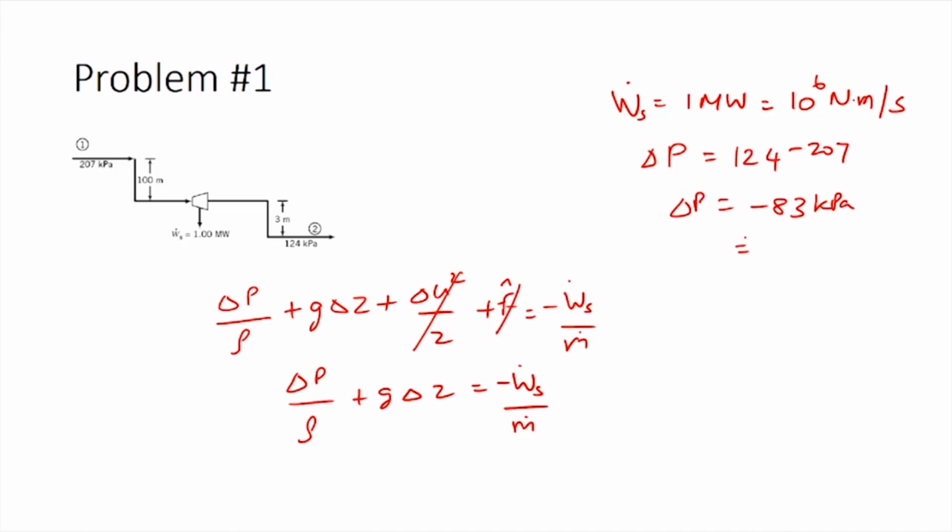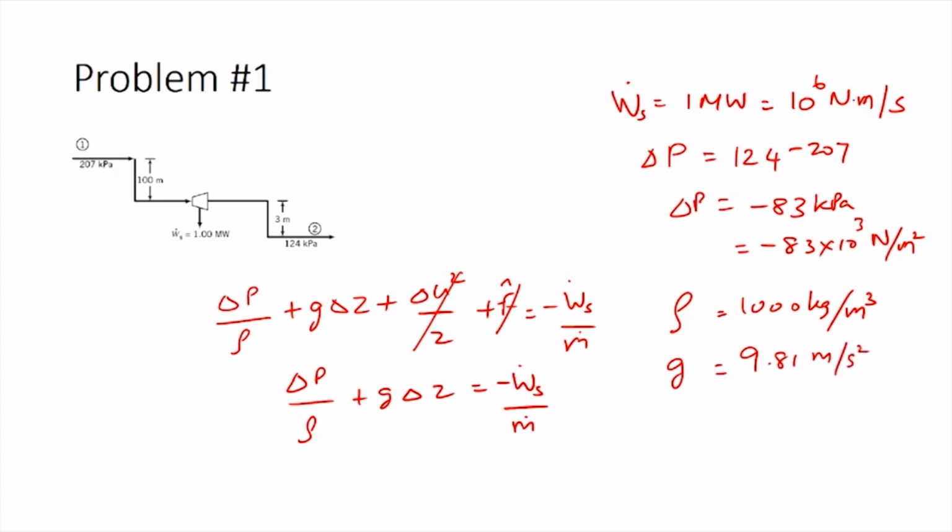This can be written as minus 83 times 10 power 3 Newton per meter squared, and the density of water is 1000 kilograms per meter cube, and g, the acceleration due to gravity, is 9.81 meters per second squared.